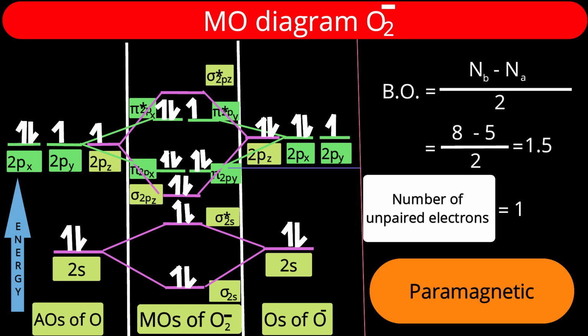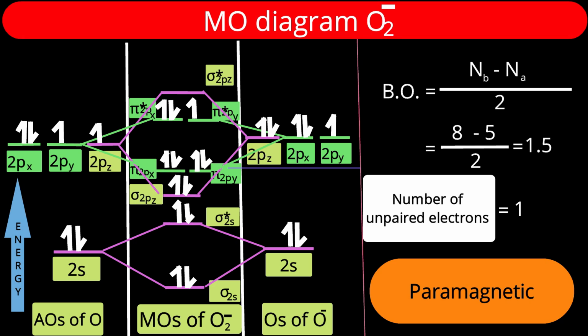If we have to distribute electrons in these molecular orbitals, then about the non-bonding K, I discussed, 4 electrons are over. The fifth electron will enter sigma 2s, the sixth electron will pair in sigma 2s. Seventh and eighth electrons will enter sigma star 2s. Ninth and 10th electrons will enter sigma 2pz.